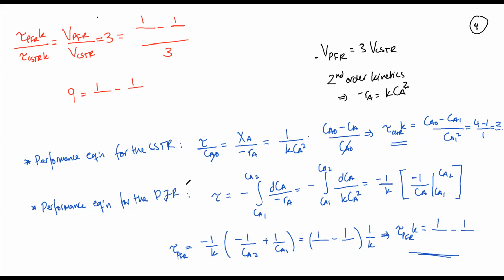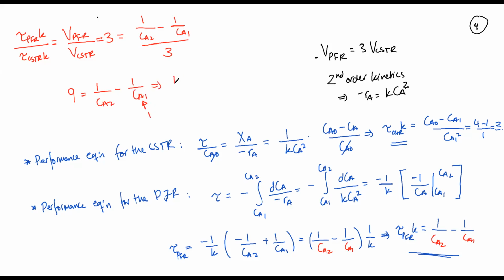I have a feeling we're going to mess all these negatives up. Okay, so this is CA2 minus CA1, so this is equal to CA2 minus CA1. And here this becomes CA2, CA1. CA1 is given to be 1.